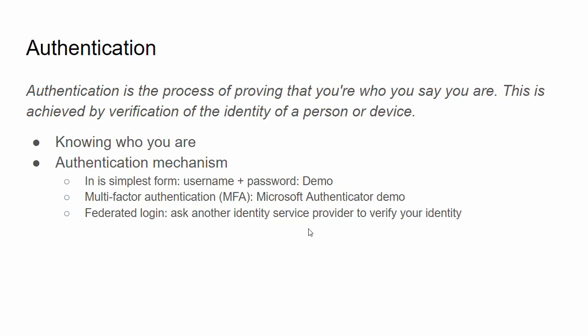Can Google come up and say, hey, yes, he passed the authentication, so yes, he is this person? That's definitely doable, right? In fact, this is called federated login. So Entra ID supports federated login, which means you can log in using your Google account, Facebook account, something like this.